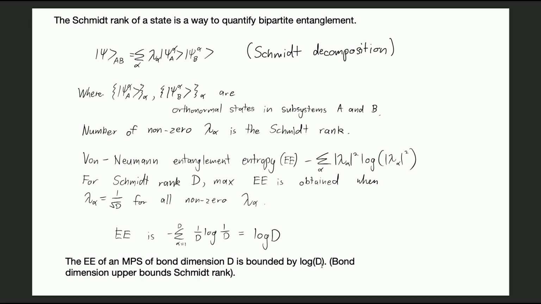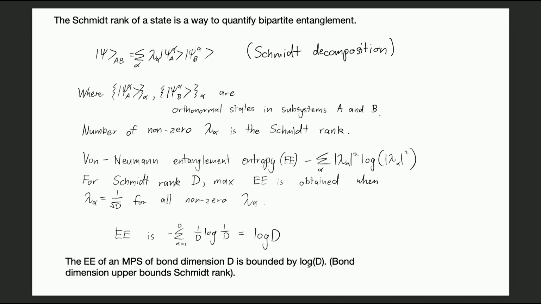If we keep D system size independent, it means that no matter how big your MPS, the entanglement across any bipartition of the chain is going to be bounded.